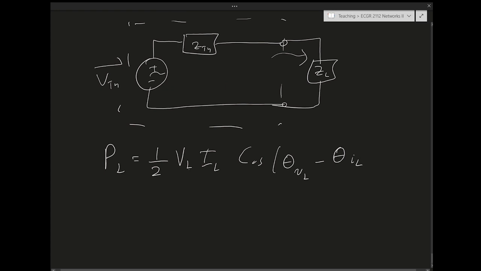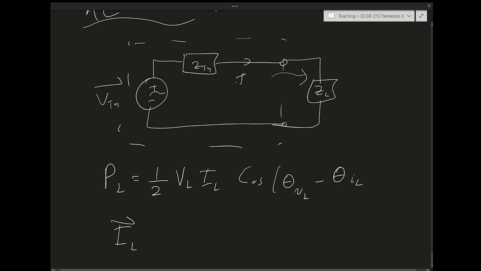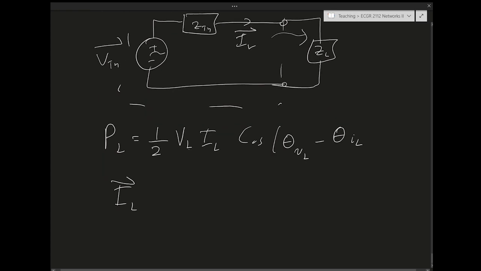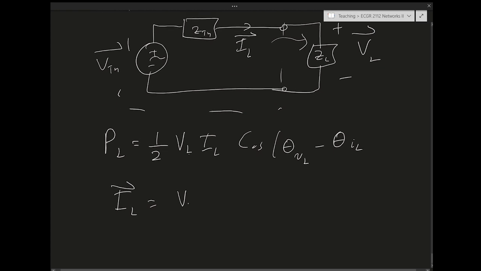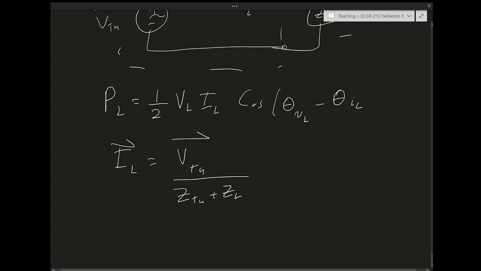Now we know as phasors, IL, this is IL by the way as a phasor, and this is VL by the way. Right. IL is just V Thevenin phasor over the total impedance, Z Thevenin plus ZL, and then VL is just a voltage divider, right?